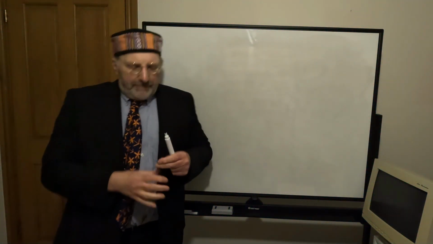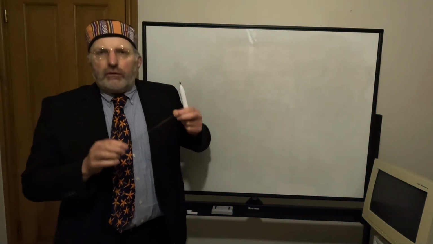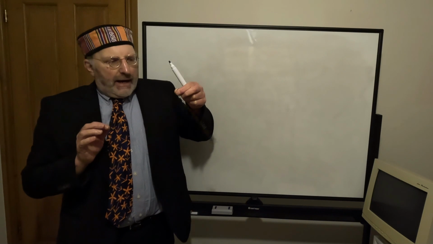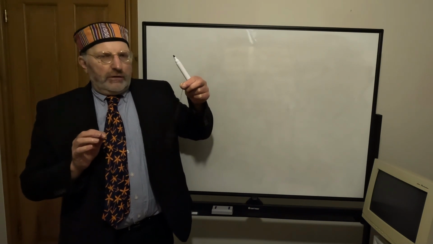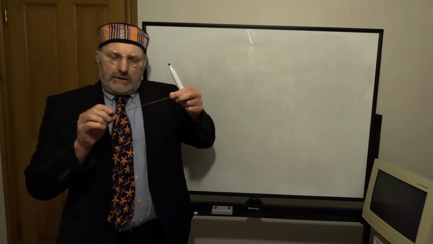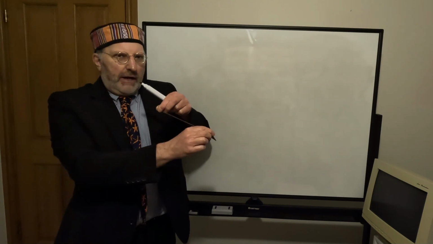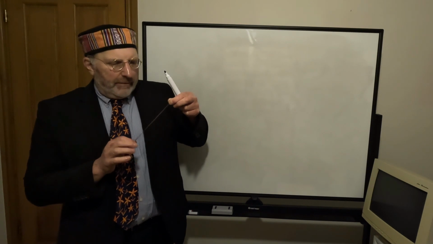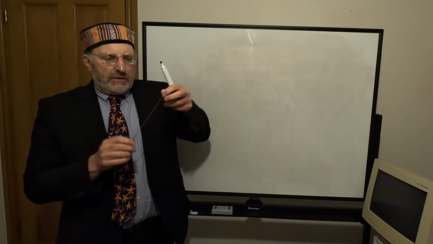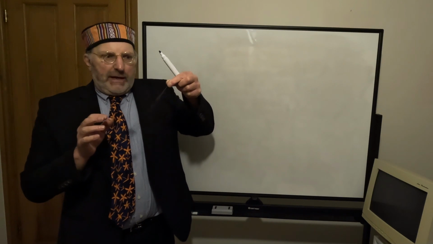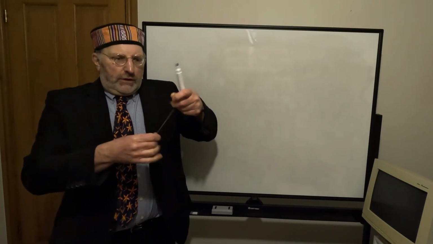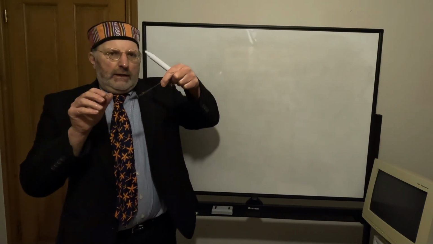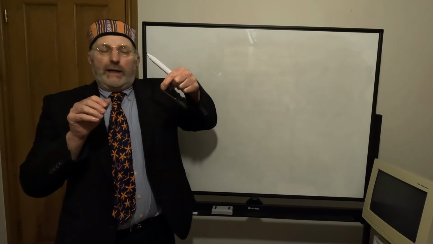So in physics, people are interested in pendulums, and a pendulum has a certain period, which is the time taken to go from one side to the other and back again. That's the period of the swing, the period of the pendulum. And the period depends upon the length of the pendulum. So if we shorten the length, it swings more quickly.